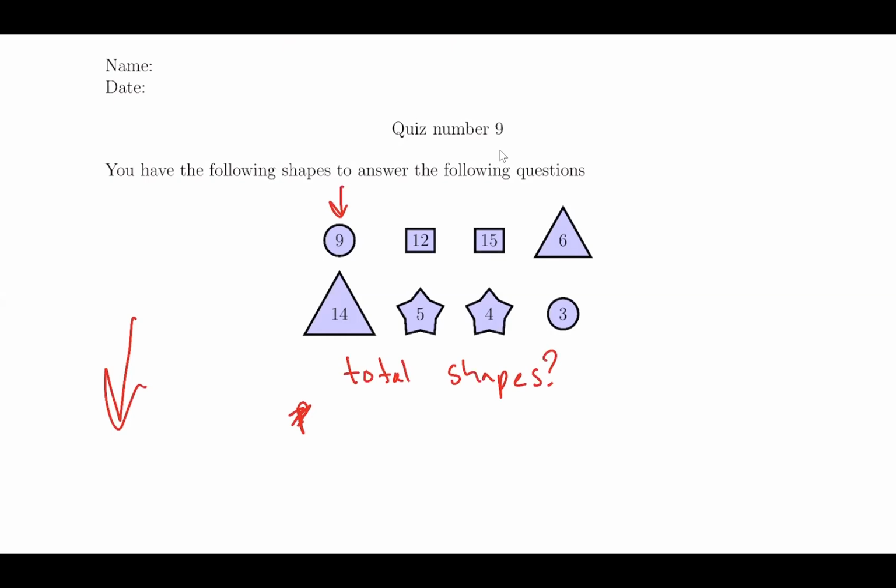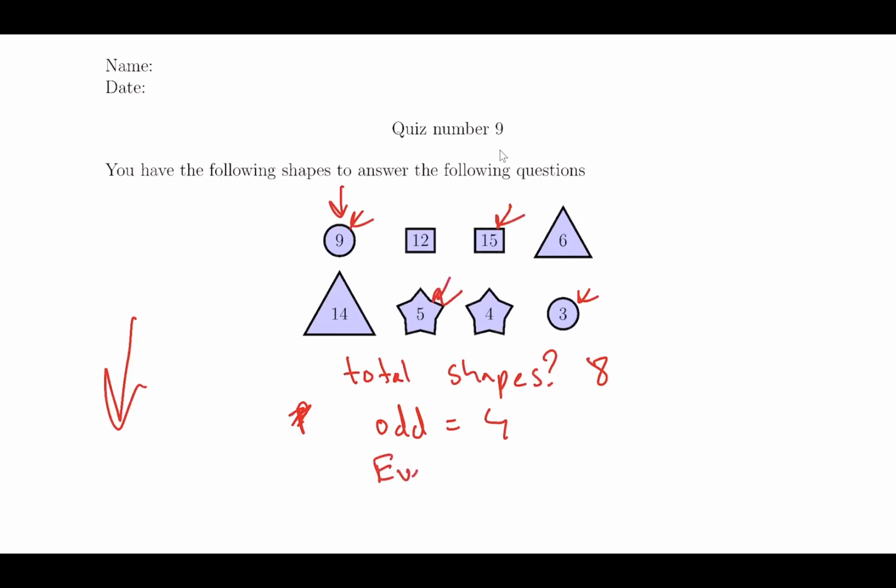Yeah, you have 8 total shapes. Then how many odd numbers do I have? 4. Yeah. So you have 4 shapes that have an odd number.